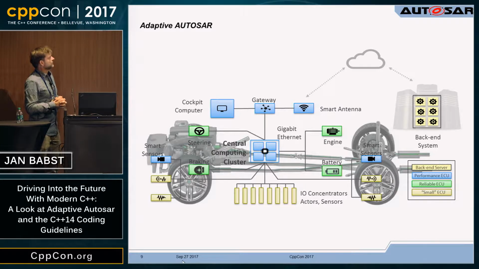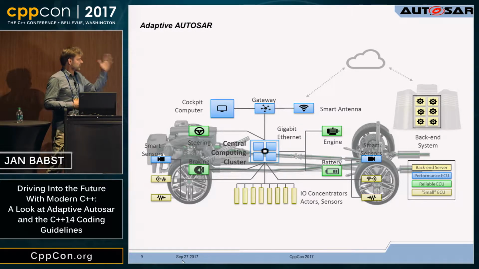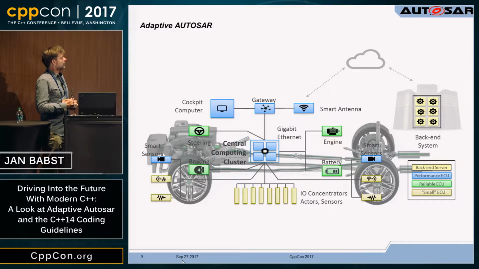These computing clusters, of course, interact with all the other stuff in the car, with a lot of sensors, and with the cloud, and they enable us to implement things such as automatic driving.